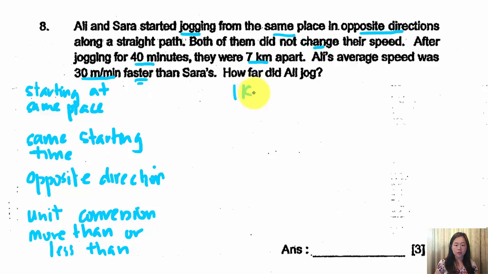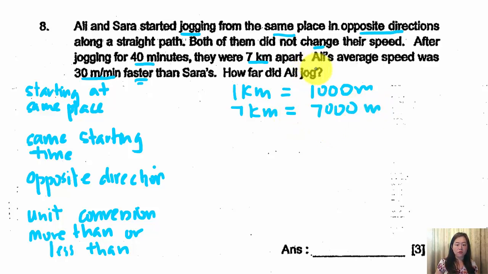So 1 km is actually equal to 1000 meters. So 7 km is equal to 7000 meters, because 7 times 1000 is 7000. So notice that together they ran 7000 meters.